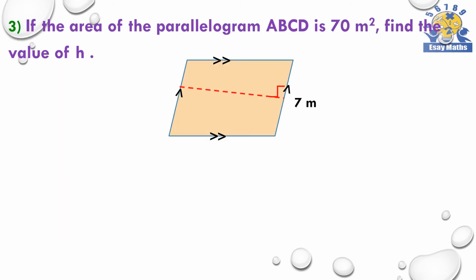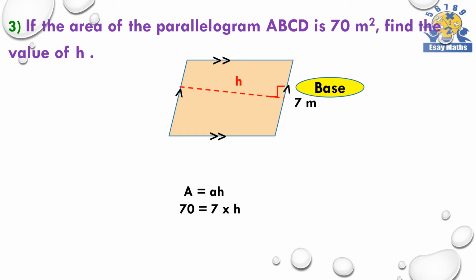Question number 3. If the area of the parallelogram ABCD is 70 square meters, find the value of h. Here they have given the length of the base and they haven't given the length of the perpendicular height. Now we should substitute the values to the formula.